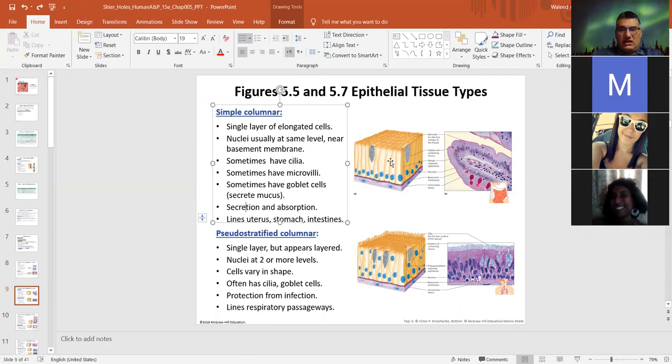There is an additional thing: these columnar cells, unlike the other cells, have extensions on the surface. This extension can be very tiny. We call it cilia. And it can be very tiny and look smaller. We call it the microvilli. I mean the microvilli, and then the smallest is the cilia. So on the surface here, it can be microvilli or it can be cilia.